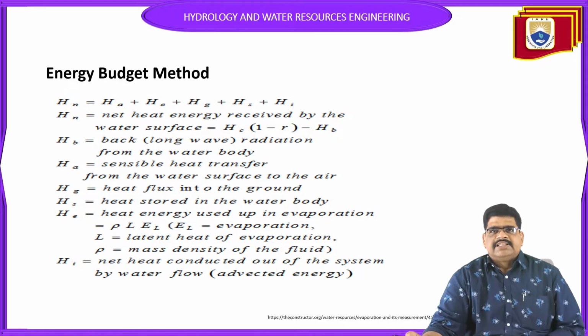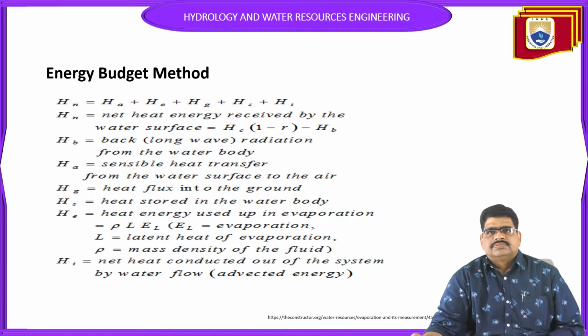In the energy budget method, HN is the net heat energy, HB is the back radiation from the water body, HA is the sensible heat transfer, HS is the heat stored in the water body, HE is the heat energy used by evaporation, and HI is the net heat conducted out of the system by water flow. These are the notations for the energy budget formula.